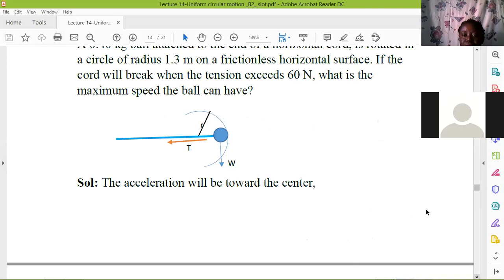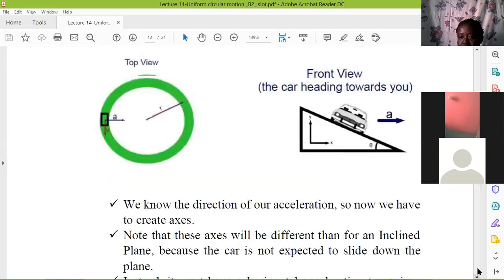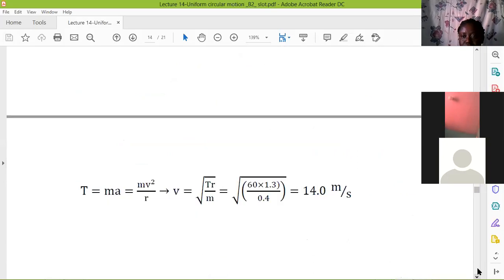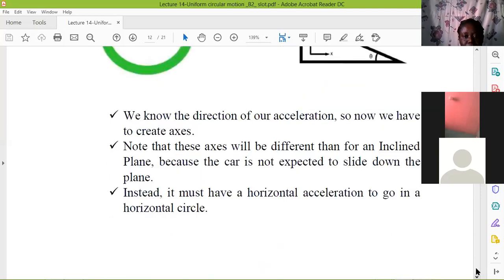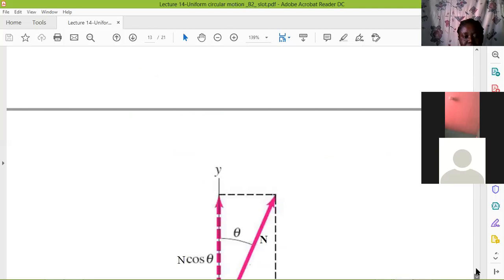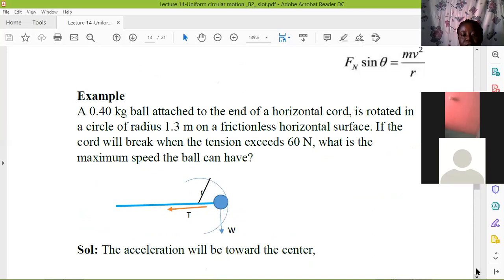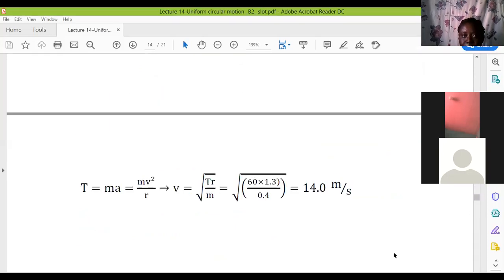In the example here, the mass is 0.40 kilograms. So we substitute it into that equation.